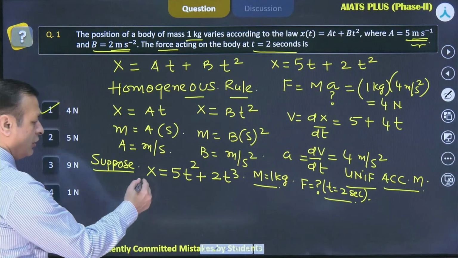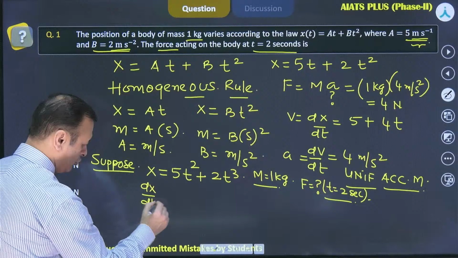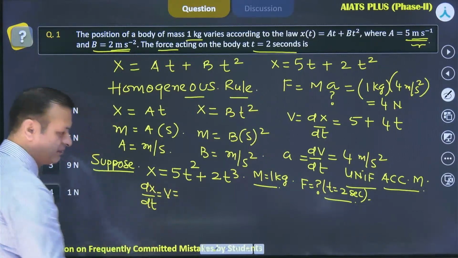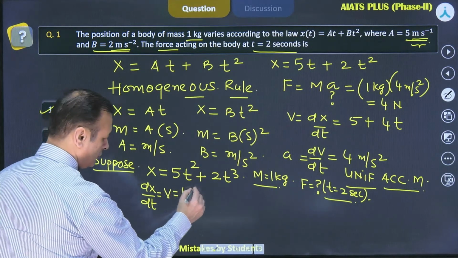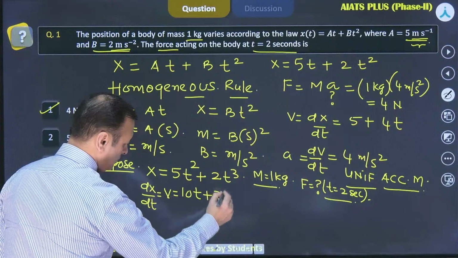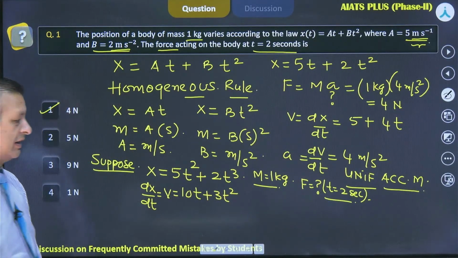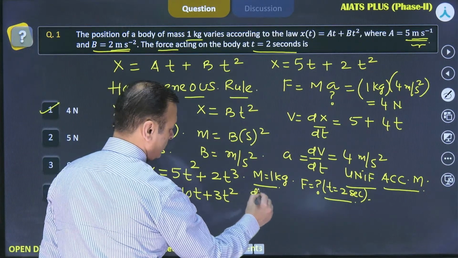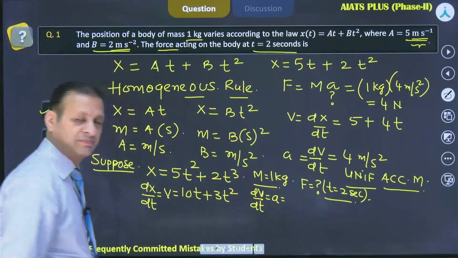Okay, so how will you go for it? So dx by dt, what will you end up with? Velocity? Yes or no? So what does it become? 10t plus 3t square. And your dv by dt will define the acceleration.